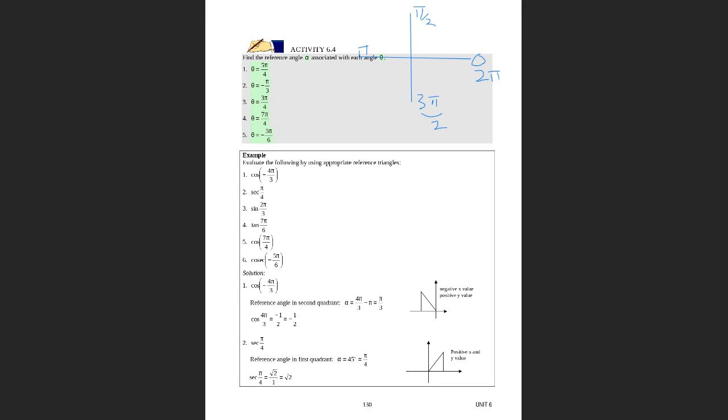Here you are given, for number one, five pi over four.